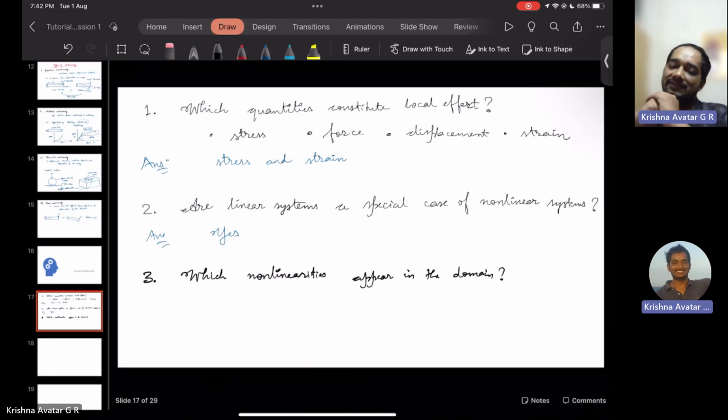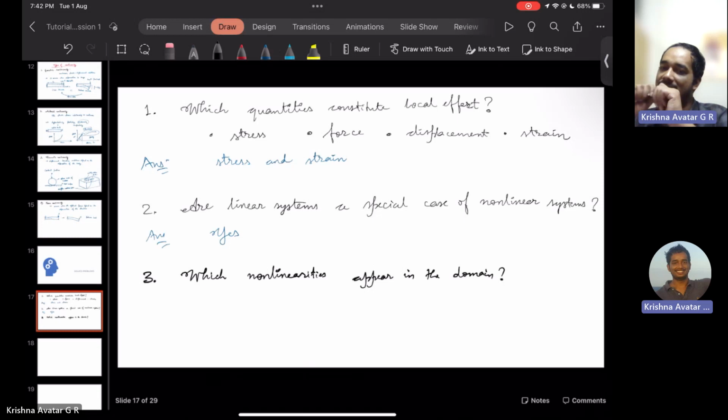Now, as you recall, it's the stress and strain which are local manifestations, right? So when you look at the relation between stress and strain, it is material. So you have one answer. The second is the relationship between strain and displacement. It's also nonlinear.